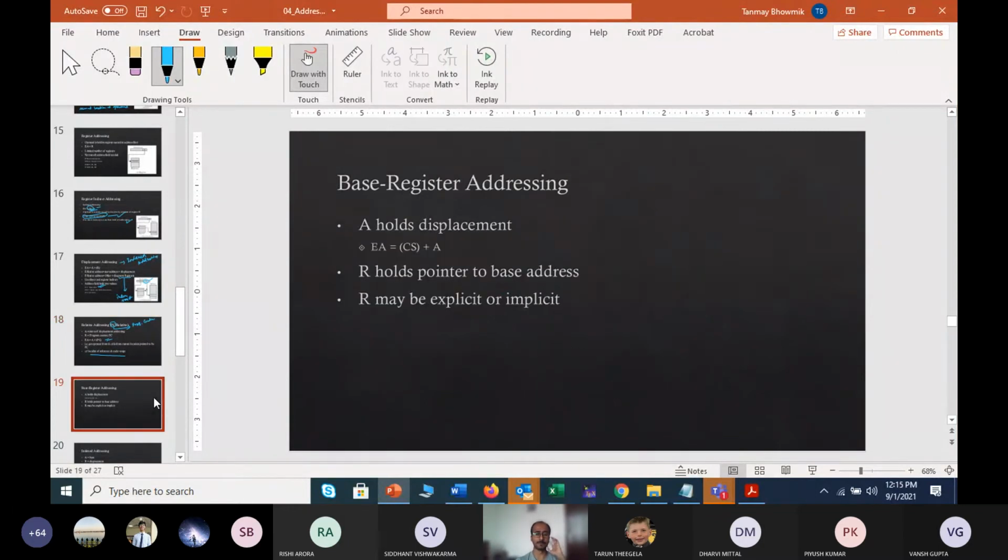Right now I am not touching this, as confusion will increase. Then another point is base register addressing. Base register addressing is just the same thing: if you write the base register as A and the segment register as R, just replace it.